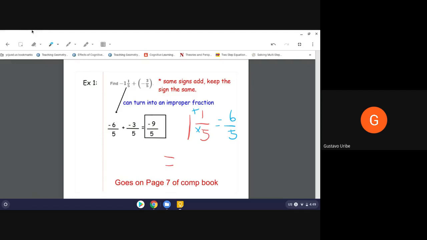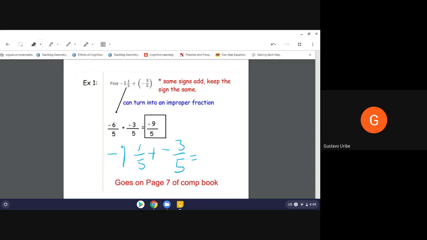Now, you do not have to turn this into an improper fraction. There is another way of doing this. Because I know that I'm going to have to add, I can keep it as a mixed number, and I already have the same denominators.